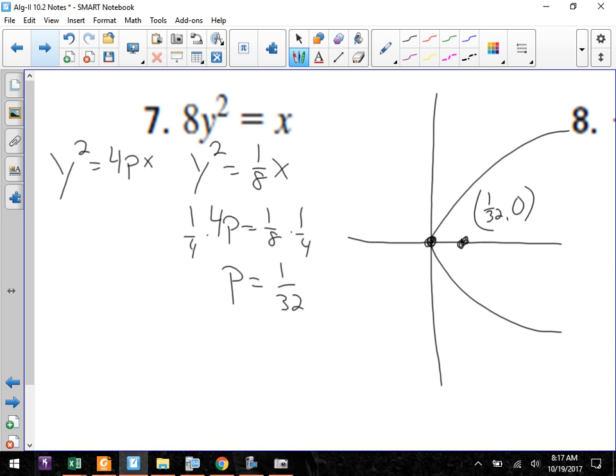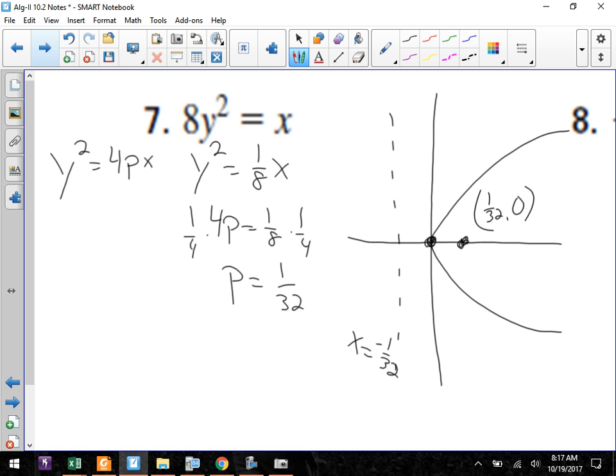Does it matter where I put it? Not necessarily, because here's the thing. If I say that it's about that far from the vertex on the right-hand side, how far over should I put my directrix? About the same. And the equation of that directrix then is, is it x or y equals? X equals, very good. And then it'll be at x equals negative 1/32.